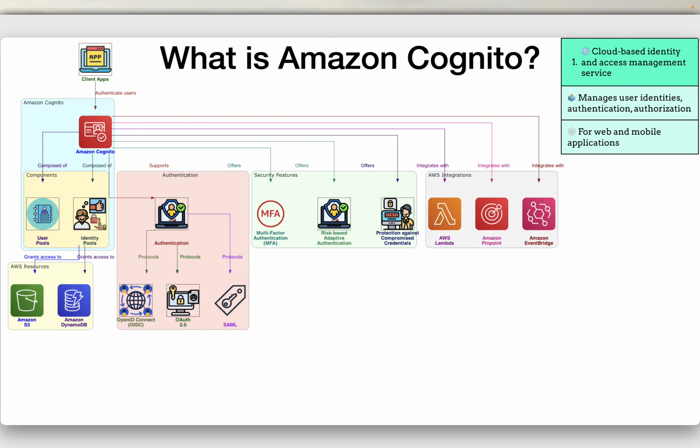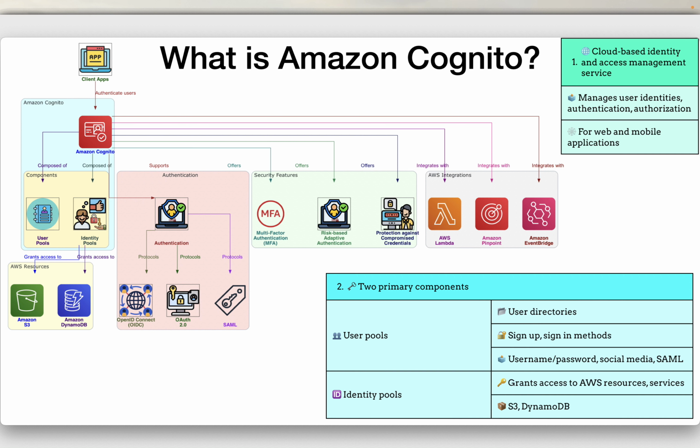Amazon Cognito is a comprehensive cloud-based platform provided by AWS for managing user identities, authentication, and authorization for web and mobile applications. First is user pools. User pools are directories that allow users to sign up and sign in using various methods.